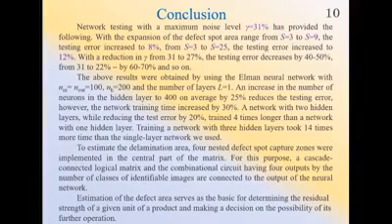From S equals 3 to S equals 25, the testing error increased to 12%. With a reduction in gamma from 31 to 27%, the testing error decreases by 40 to 50%. With a reduction in gamma from 31 to 22%, the testing error decreases by 60 to 70% and so on.